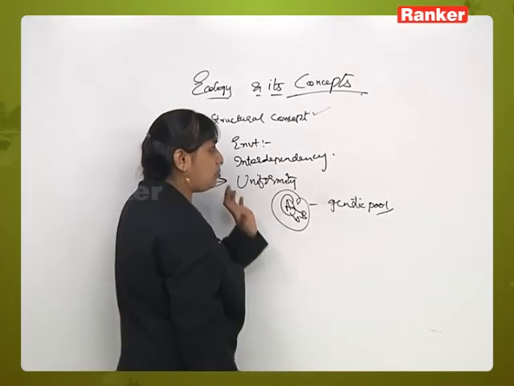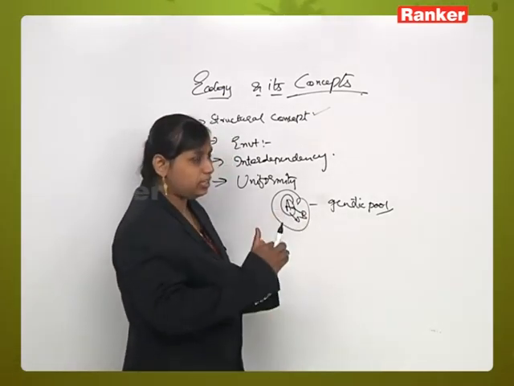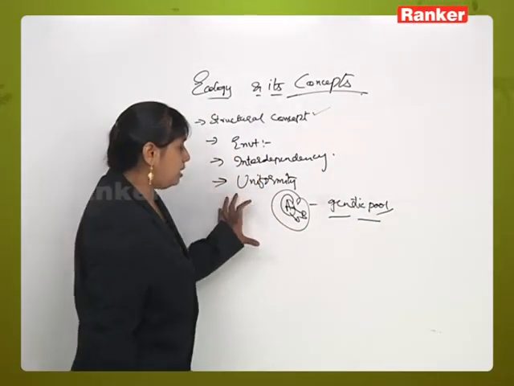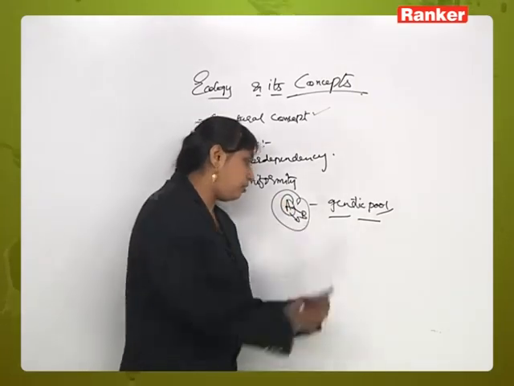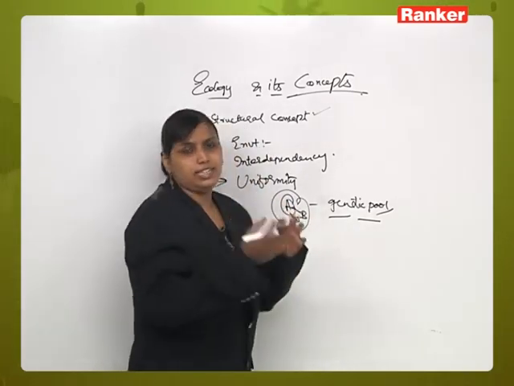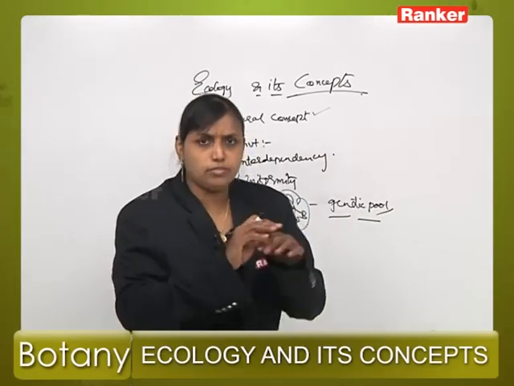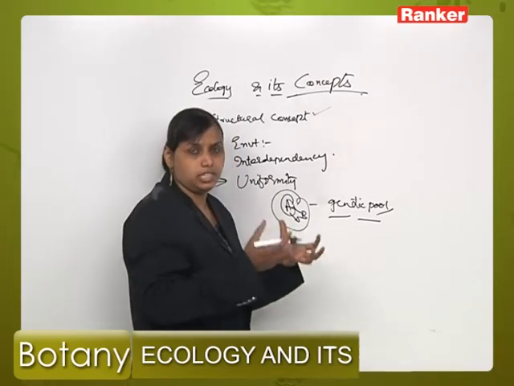Since there is sufficient plasticity, these organisms may also have the ability to change accordingly with the environment, and bringing uniformity is adjusting organism A with environment B, so that the basic constant genetic pool is maintained.